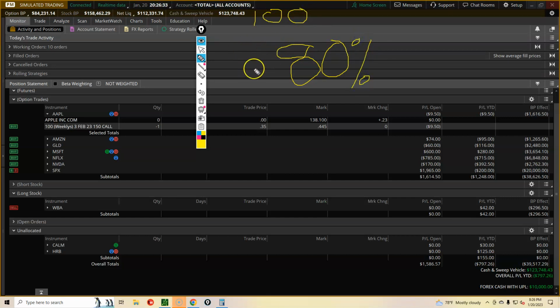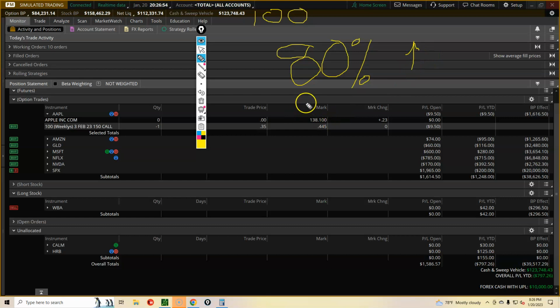You want it to be 60, 70, 80, whatever, you do these high probability trades. Low risk, low reward, but high probability of success.